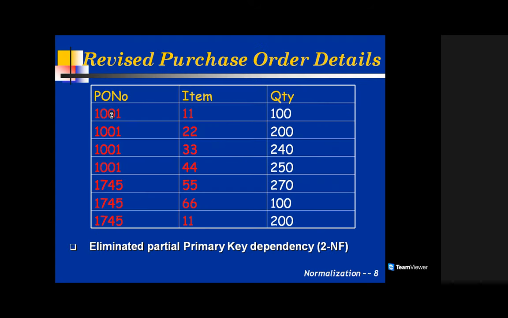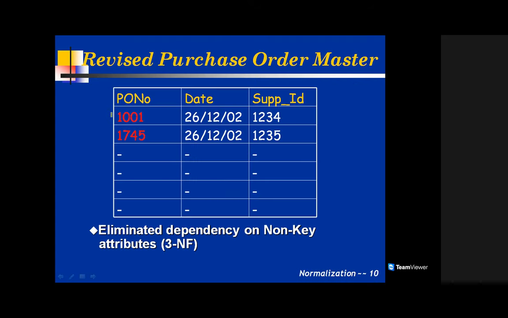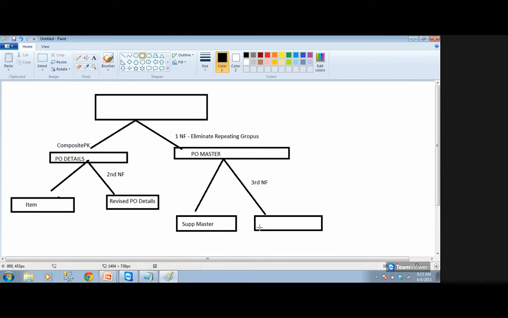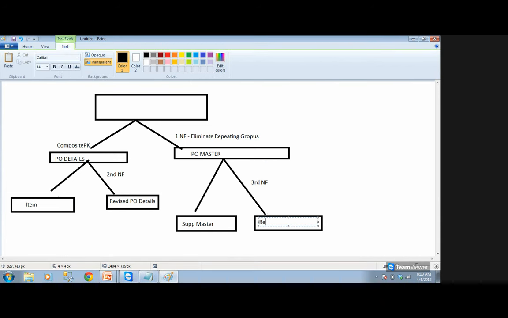Okay, so PO number and date are provided, but supplier ID you need to add manually, because this PO number is for which supplier? So I have added this manually. So PO number, date, supplier ID, this would be the revised purchase order master, PO master.